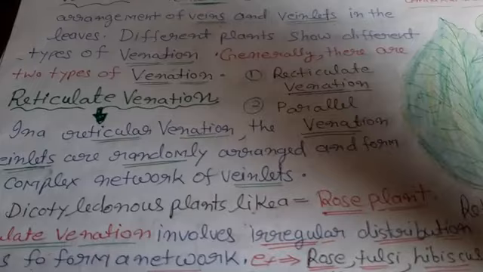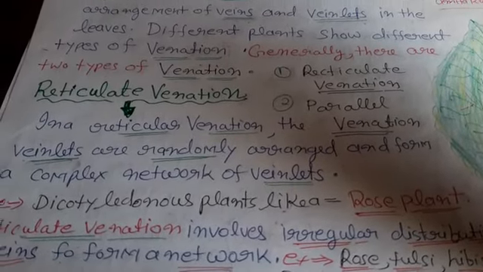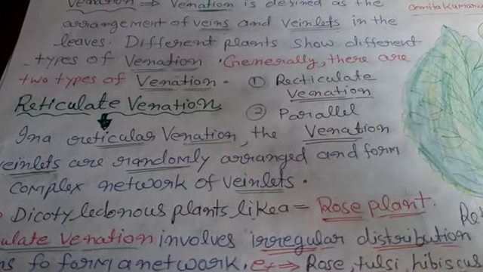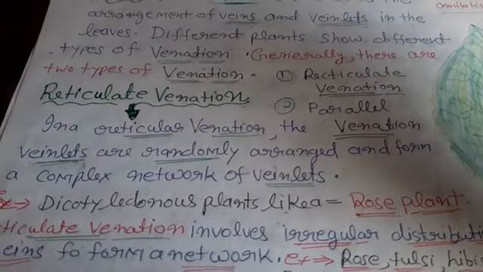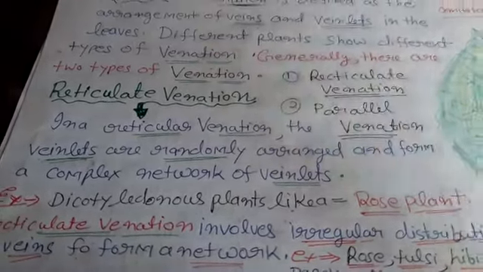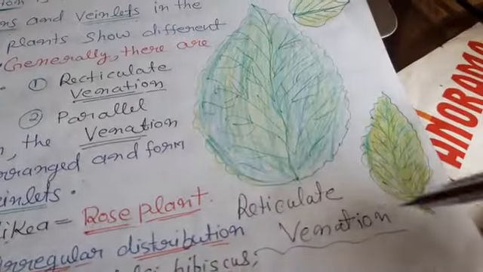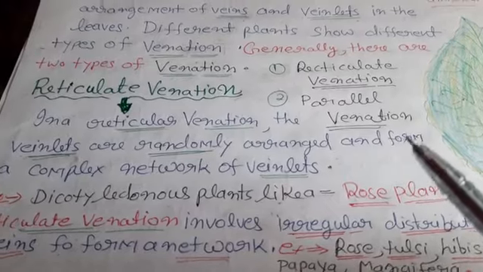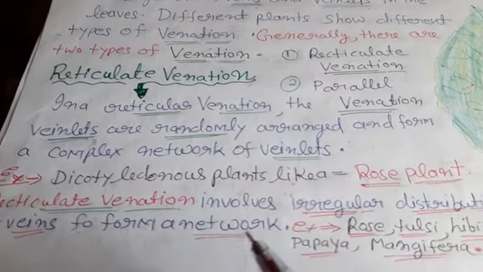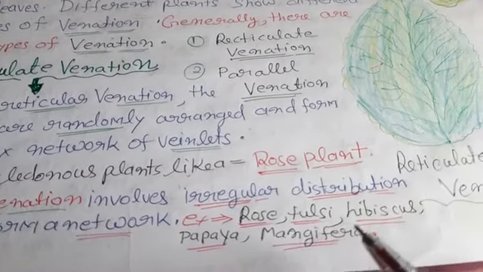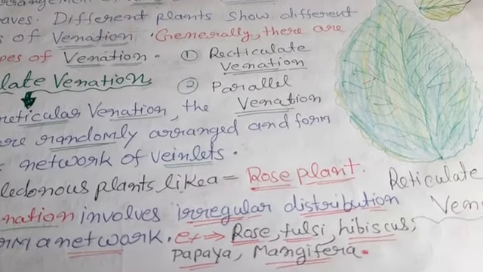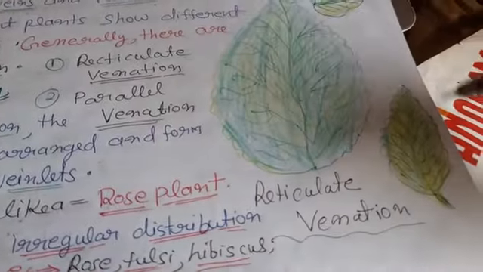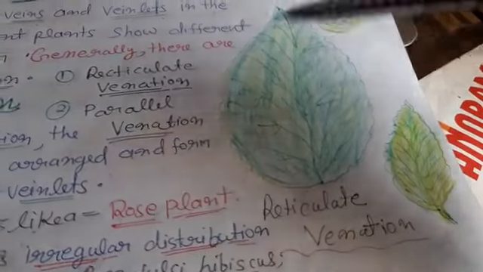In reticulate venation, veinlets are randomly arranged to form a complex network of veinlets. Examples are rose plant leaves, tulsi, hibiscus, papaya, and mango, which also show reticulate venation on the leaf.